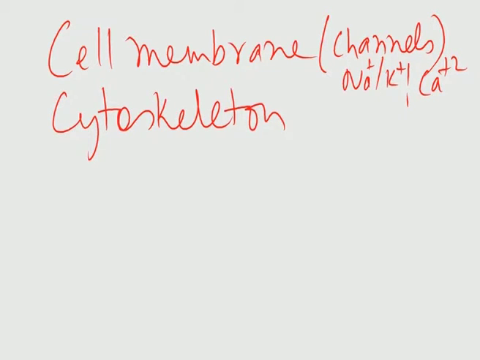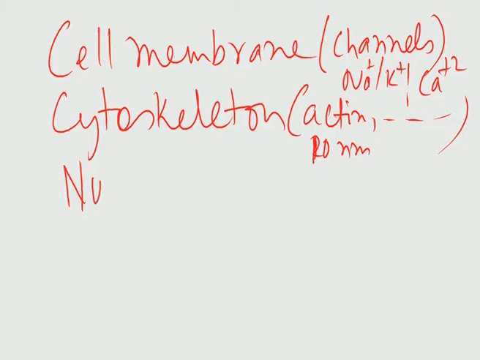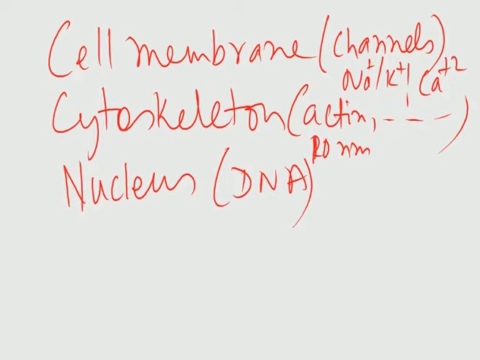Then the second one is the cytoskeleton structure, this actin filament and so on, how they are structured, and what is the typical size of these actin filaments. The third one is the nucleus structure, and inside you have DNA, that is a nucleic acid, and the nucleus also has a pore complex.